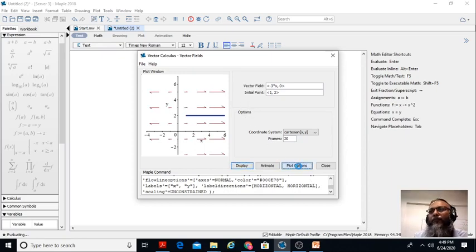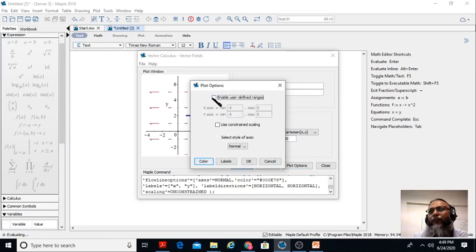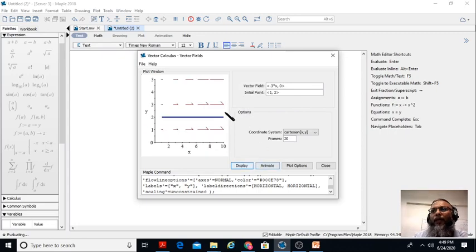For x, I put a constraint of 0 to, let's say, 10, and for y 0 to 5. Okay, so I see here initially the velocity vector is smaller in size, and as you are progressing in x it is getting bigger.